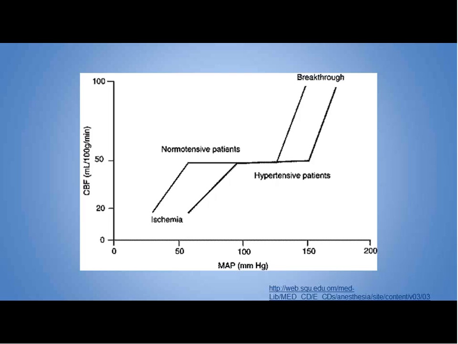But I think what's important about this graph is to show the difference between normotensive patients and hypertensive patients. It implies that there is a relatively broad area, but comparatively different areas, for the maintenance of normal cerebral blood flow at these mean arterial pressures.